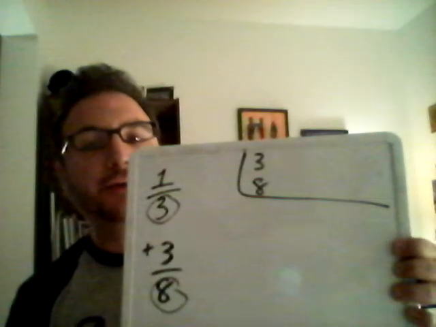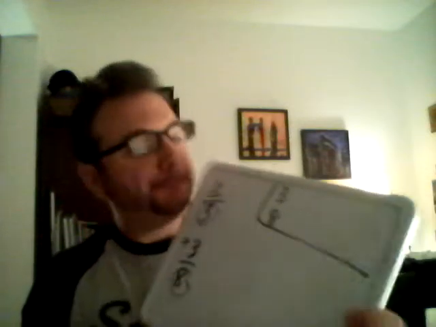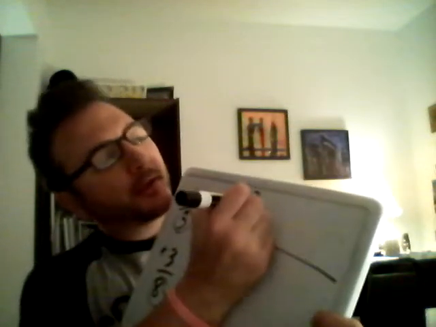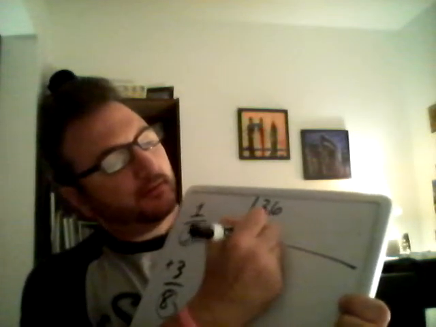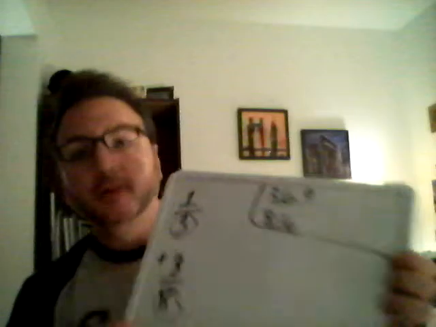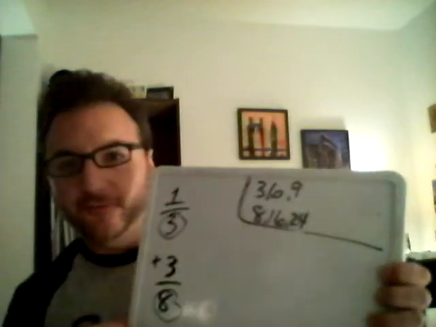So up here, I'm going to put the 3 and the 8. Now I'm going to write down their times tables. And I'll let you know when I'm stopping. See if you can catch on what I'm doing. 3, 6, 8, 16. 3, 6, 9. 8, 16, 24.